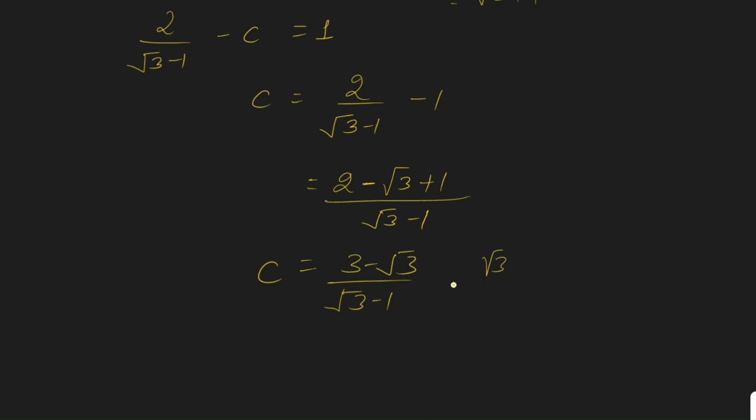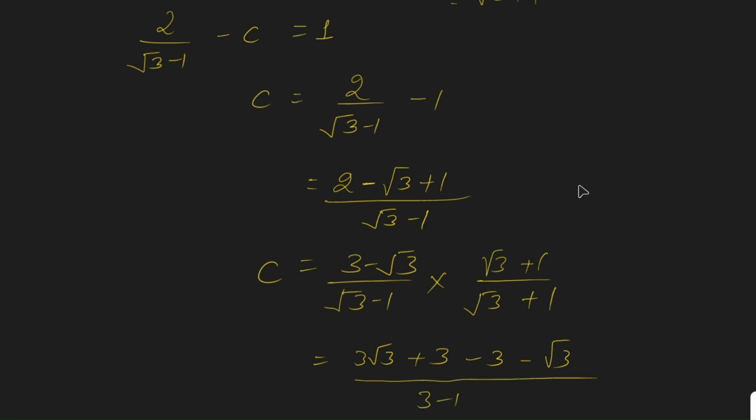So we are multiplying by square root of 3 plus 1, and that will give me 3 root 3 plus 3 minus 3 minus square root of 3 over 3 minus 1.